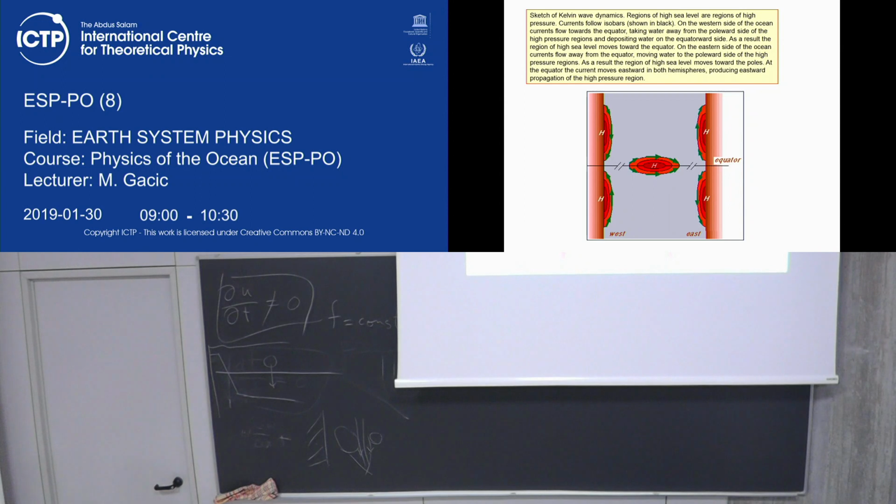Obviously, something is happening in the atmosphere and in the ocean along the west coast of the Pacific, and the signal is then brought to the eastern coast. This is how the El Nino signal is transferred from the western part to the eastern part of the Pacific.